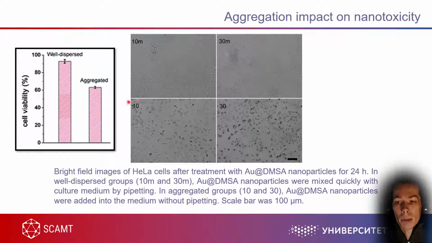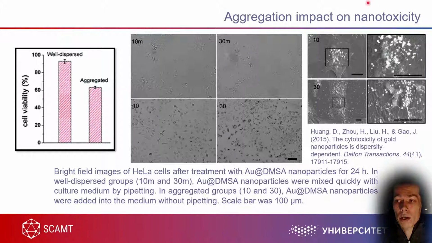Still, aggregated particles have a stronger impact on your cells because of just one feature. If you look at scanning electron microscope images, you will see that aggregated particles strongly interact with the cells, mostly with the cell's membrane. So it's just physical damage. These particles in the form of aggregates can affect the structural stability of cell membranes, and in some cases this damage can be fatal.